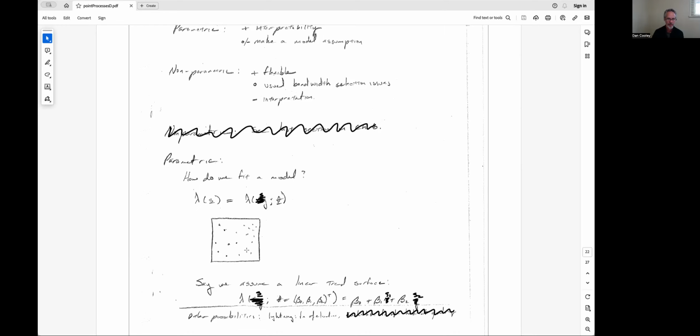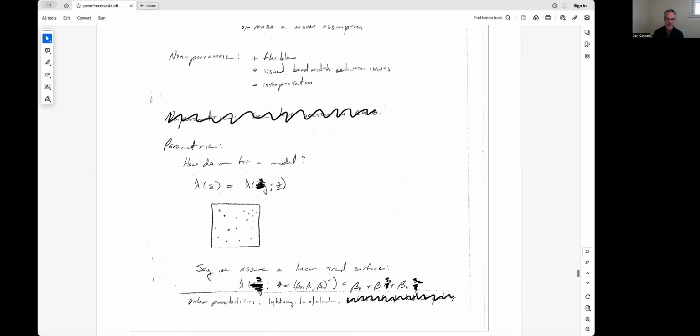So what I have here is a cartoon. What I'm trying to show is that we've got a higher intensity in the upper right than in the lower left. And we believe that the intensity function varies with location. We're going to call that location vector S. You can see I've scribbled out the X and Y. So if an X and Y appear in here, we'll have to make the translation from S to X and Y. But what we have to do is assume some parametric model for the intensity.